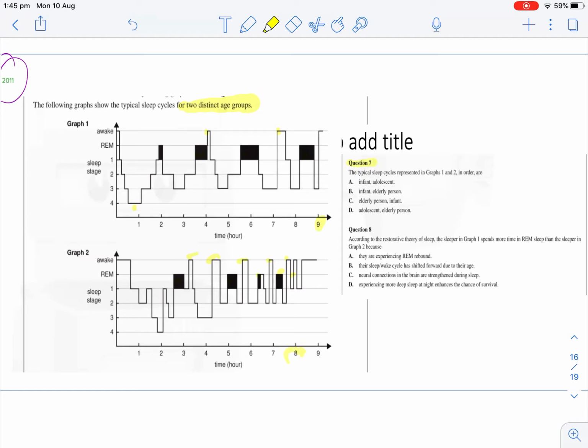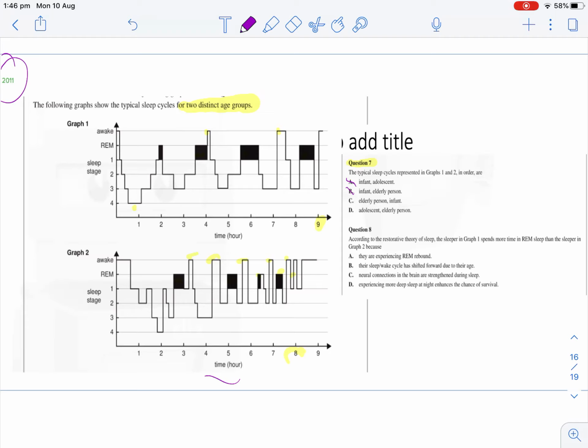So question 7. The typical sleep cycle is represented in graph 1 and 2 in order. So first one, A, an infant. Neither of these are going to be an infant because of the duration, and there's not a proportionate amount of REM to non-REM. So it's not going to be A, and then it's not going to be B because we know it's not an infant.